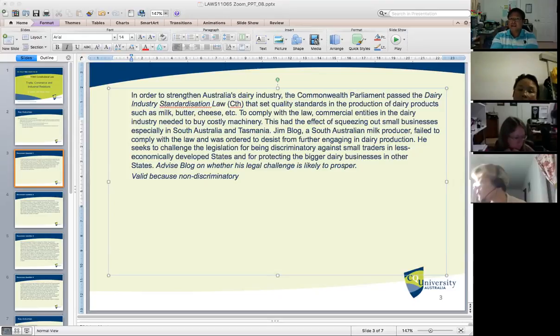If it does, then a law that may in fact impose a burden and may in a sense be protectionist can still be valid.